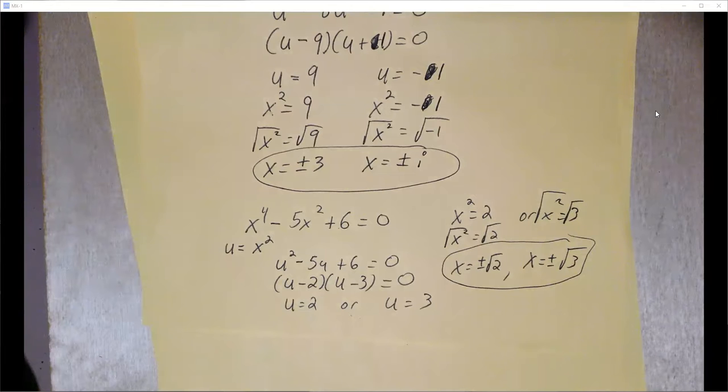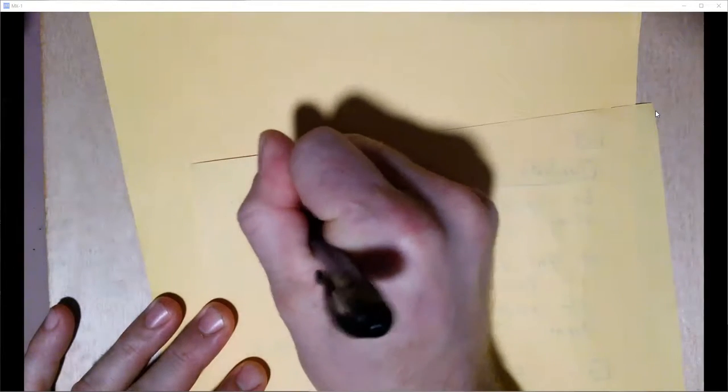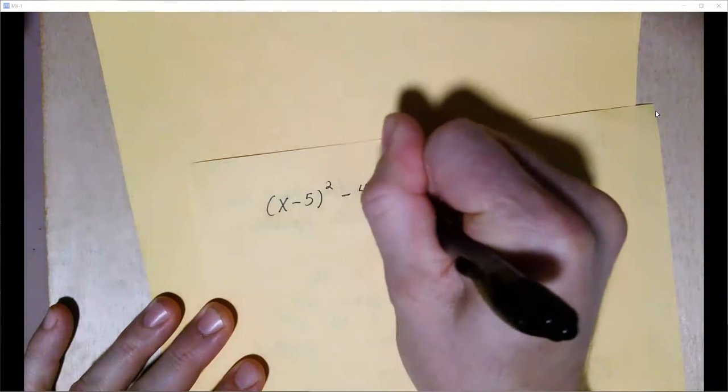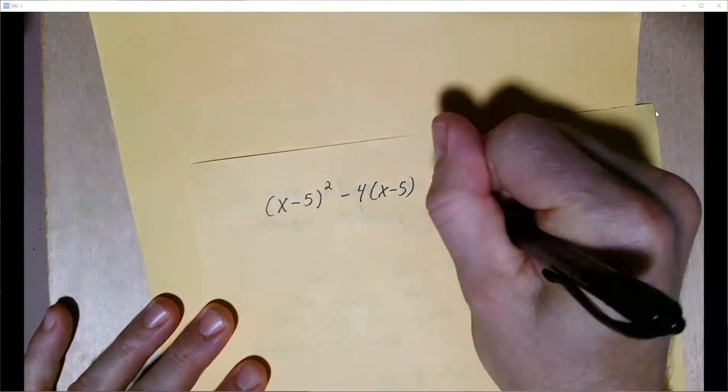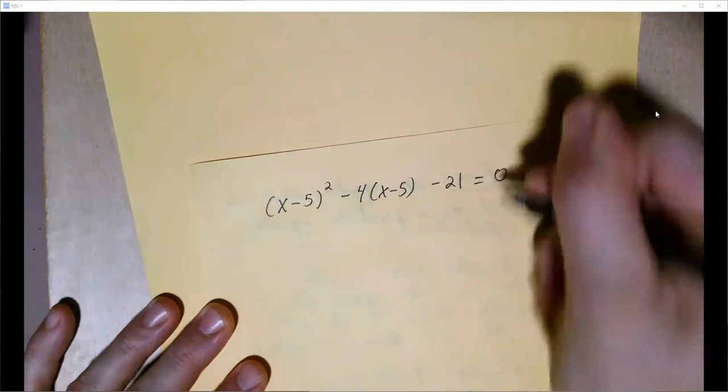Let's look at another scenario. Say I had x minus 5 squared minus 4 times x minus 5 minus 21 equals 0.